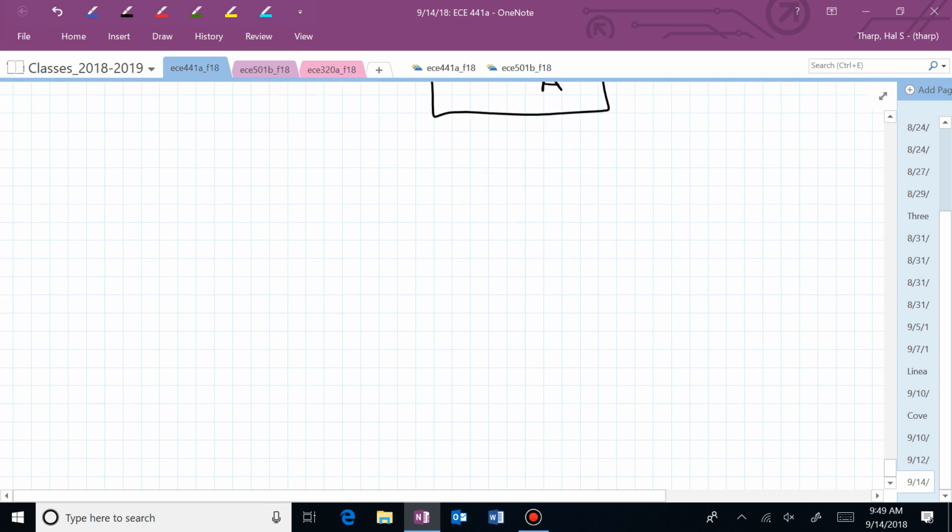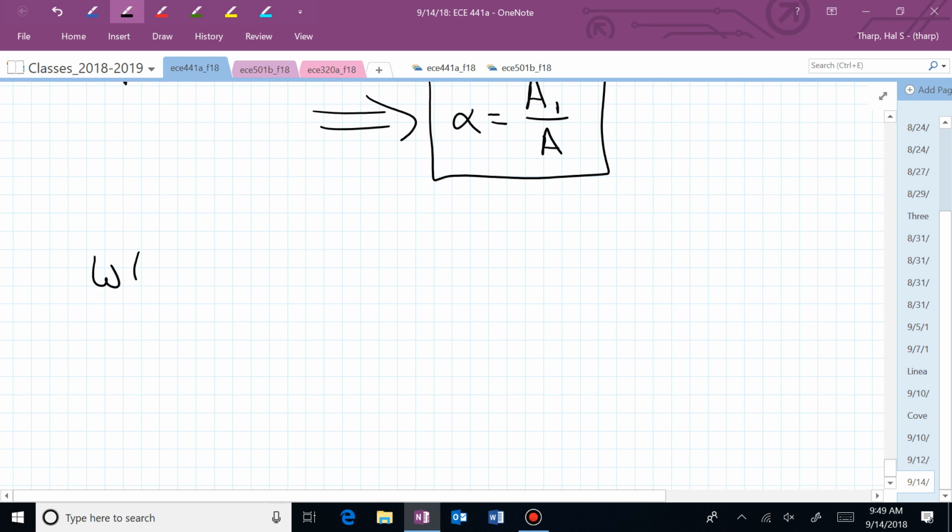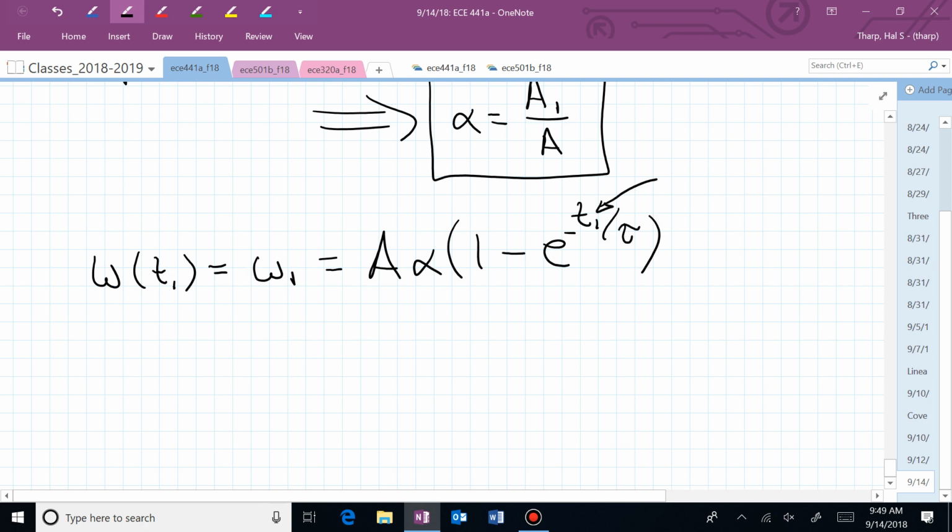So let's see what we have. We can say, oh, omega of t sub 1 is now equal to omega 1. That we were given. And we were told that that was measured at a time of t sub 1. So this was given, this was given, this was given.